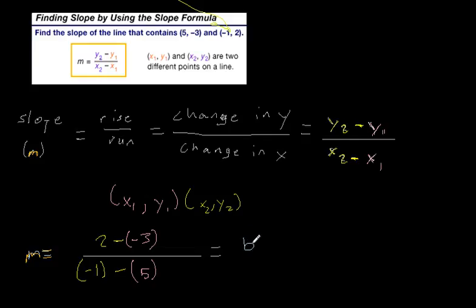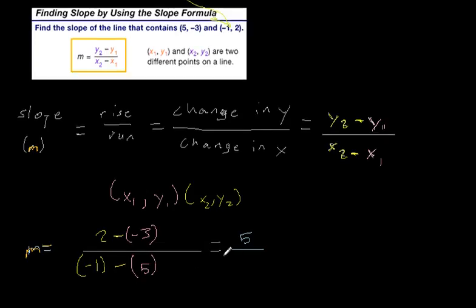So 5 over negative 1 minus 5, or in other terms, I have negative 1 and I'm going to take away 5, so I end up with negative 6 here. So the slope of this is negative 5/6.